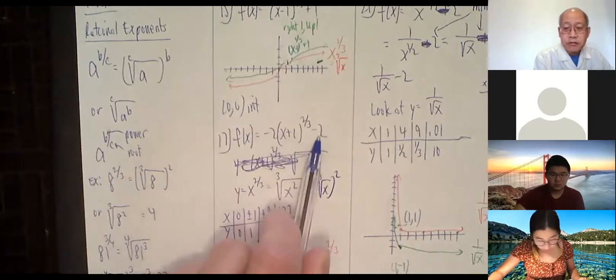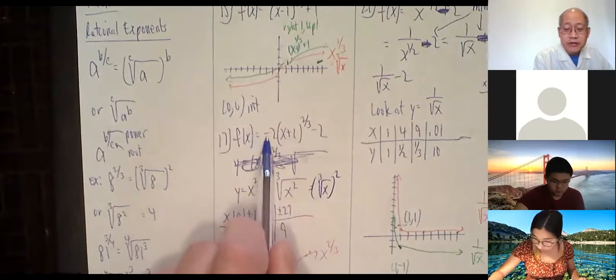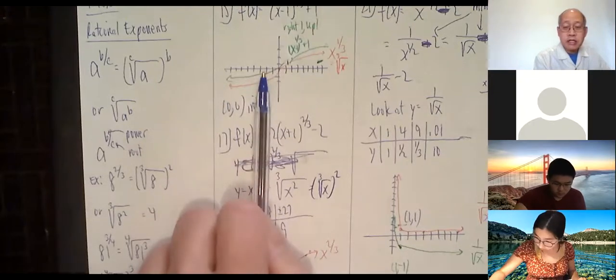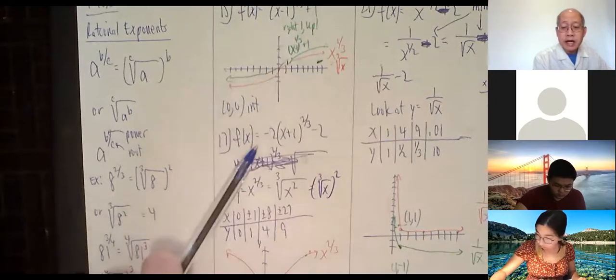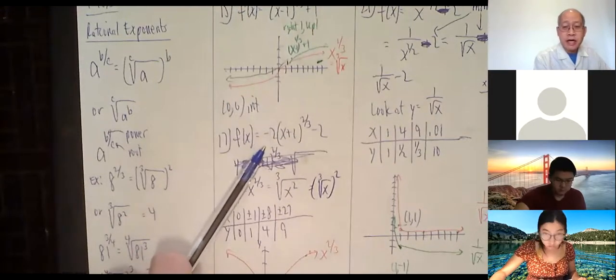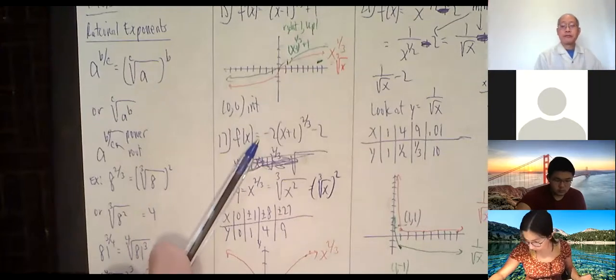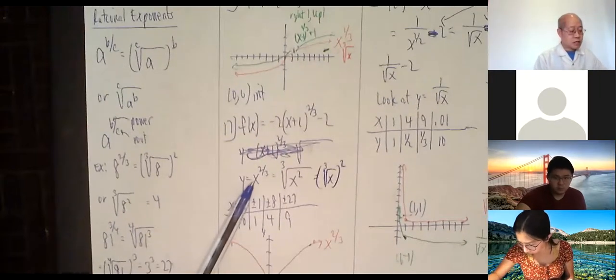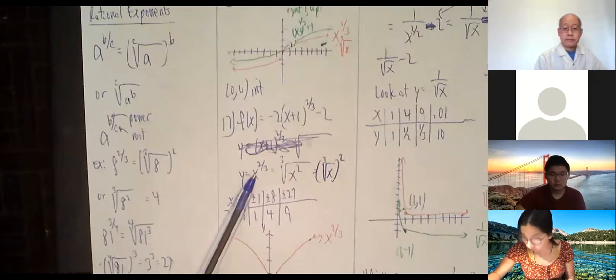Negative 2 means 2 down, and then negative 2. The 2 makes it go steeper, and the minus just reflects across the x-axis, so the positives will become negative.